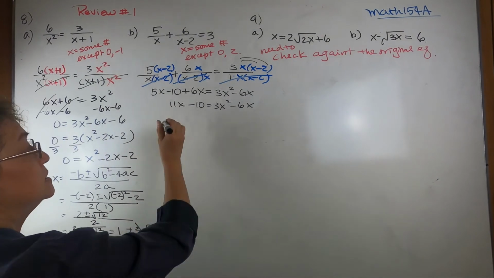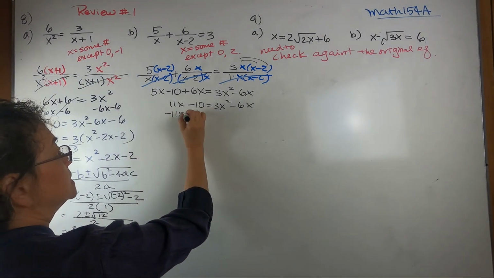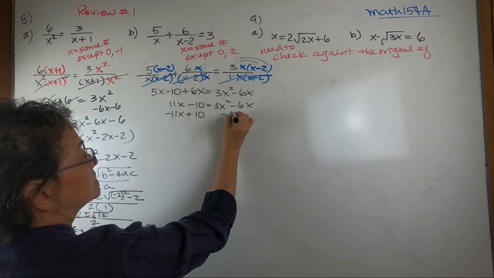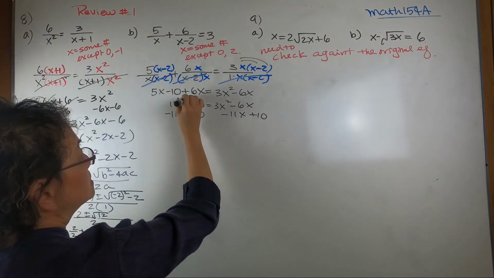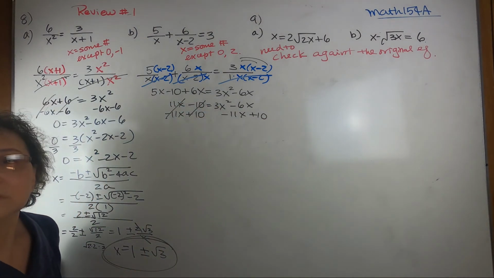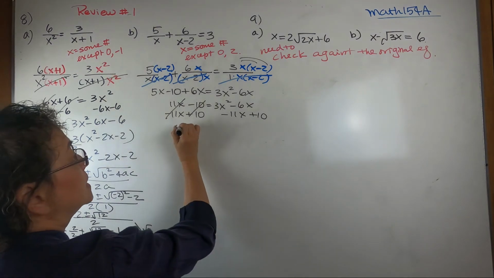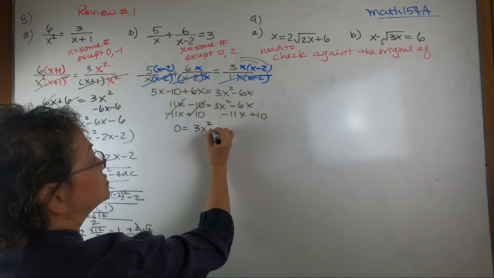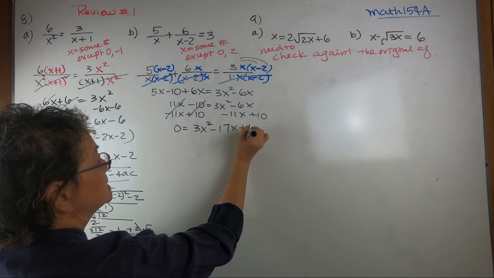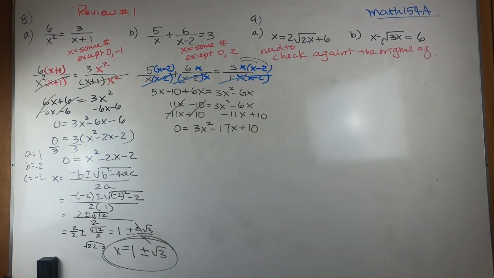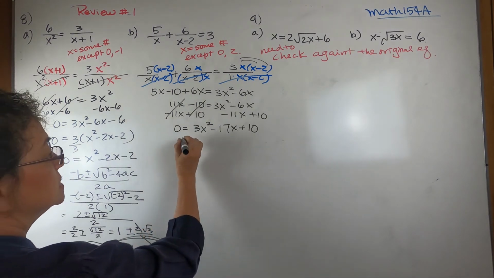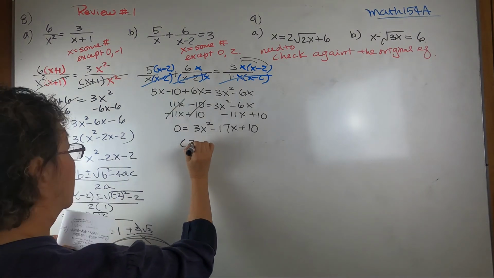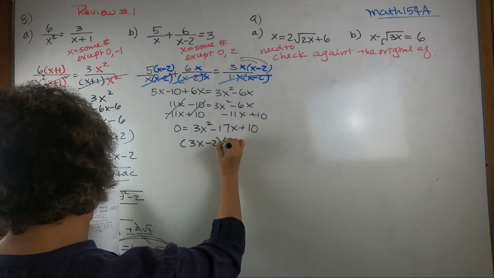Then minus 11x plus 10 on both sides, cancel out, right? Becomes 0 equals 3x squared minus 17x plus 10. Are we good? Then you do factoring or you do the formula, right? So I just do the factoring. This one I can factor it. You can use AC method.